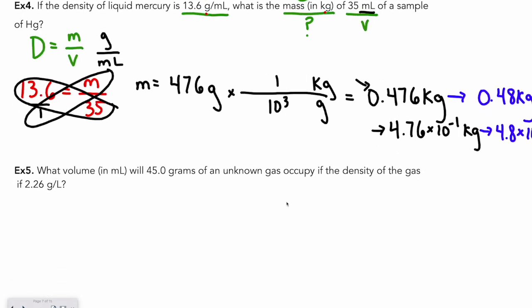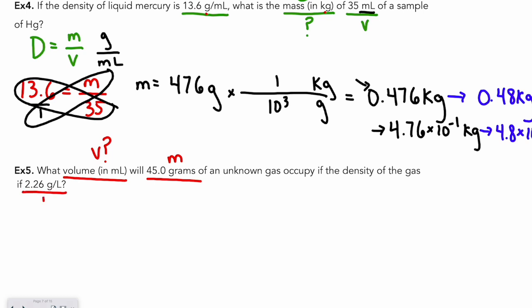What volume, so that's what I'm solving for, what volume will 45 grams, so again, I don't tell you if this is density, mass, or volume, but as soon as you see the unit grams, we know that this is mass, of an unknown gas occupy if the density of the gas is 2.26 grams per liter.